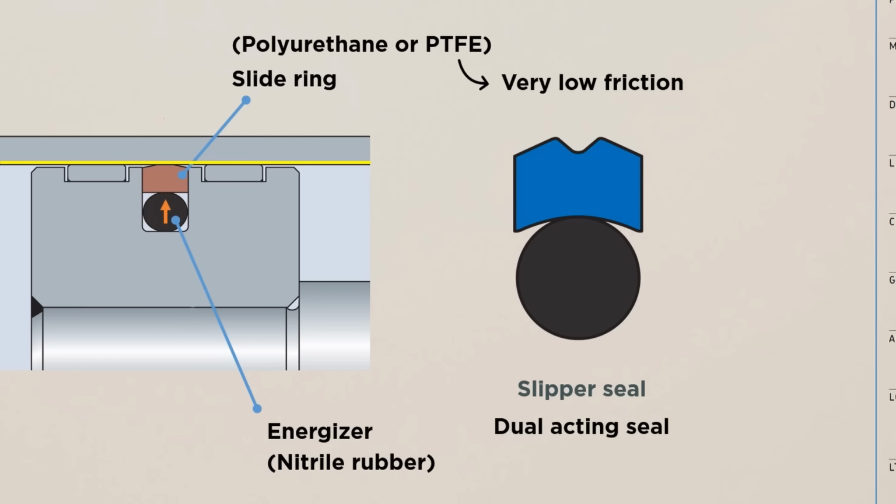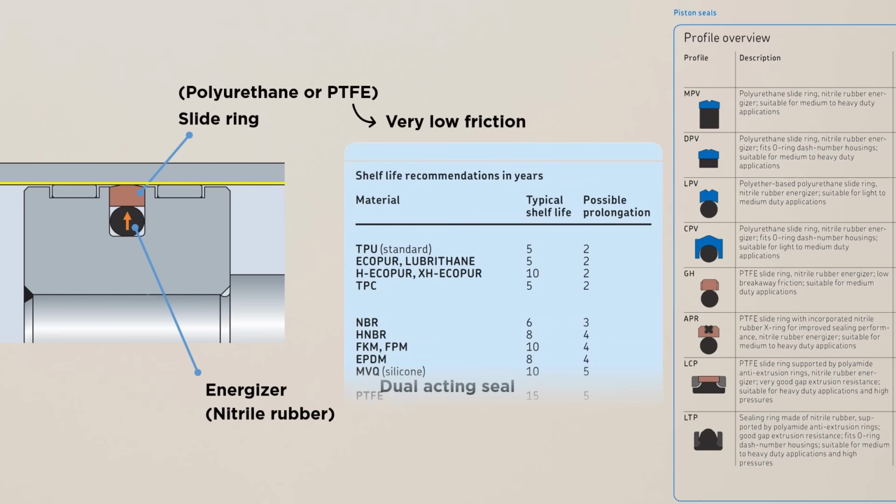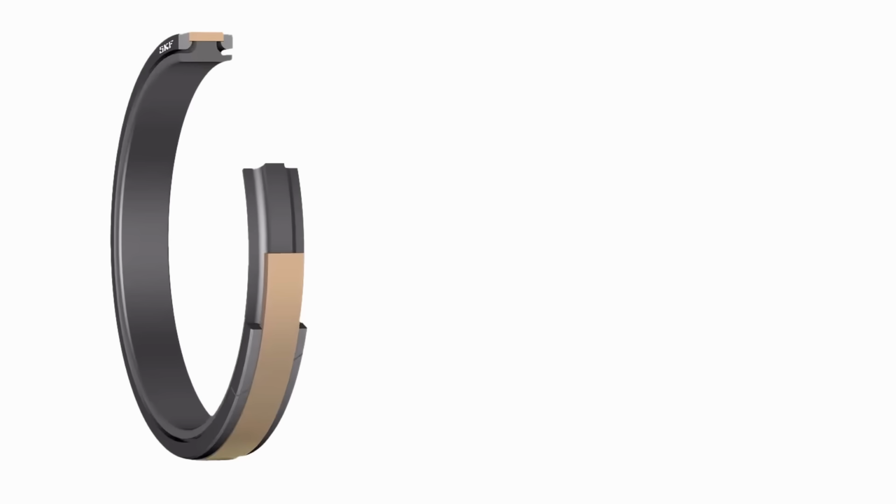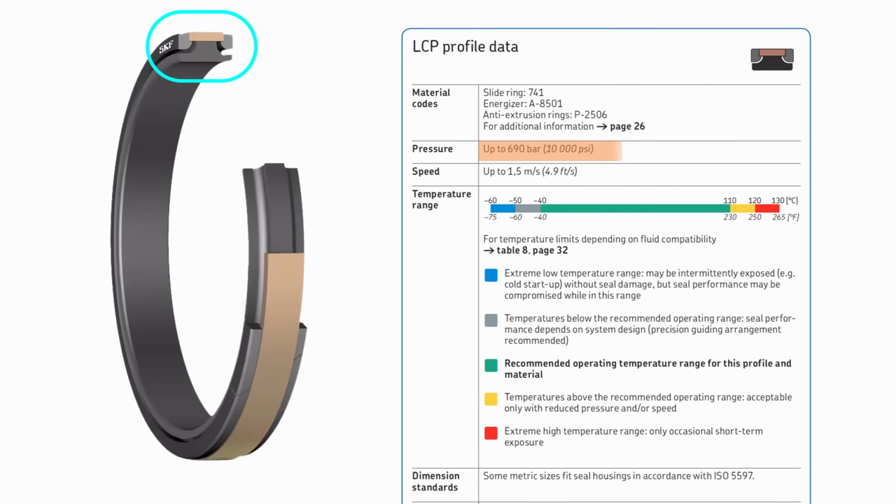PTFE seals offer very low friction, resulting in a longer lifespan compared to polyurethane seals. Double acting seals can handle pressure up to 300-400 bar, depending on manufacturer profile and material. These specifications can be found in any manufacturer catalog. Now, for extreme working conditions, these seals are integrated with anti-extrusion rings, capable of handling up to 690 bar.